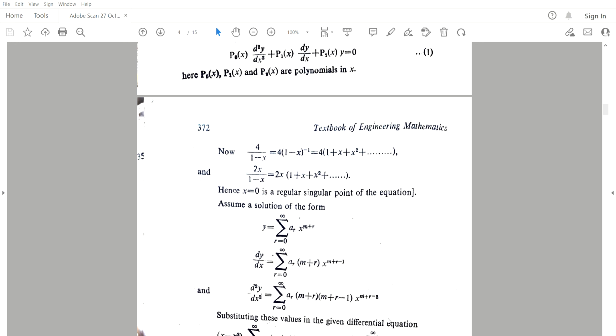Is it clear to you? Yes, ma'am, it is visible. Okay, tomorrow I will send the scanned portion.